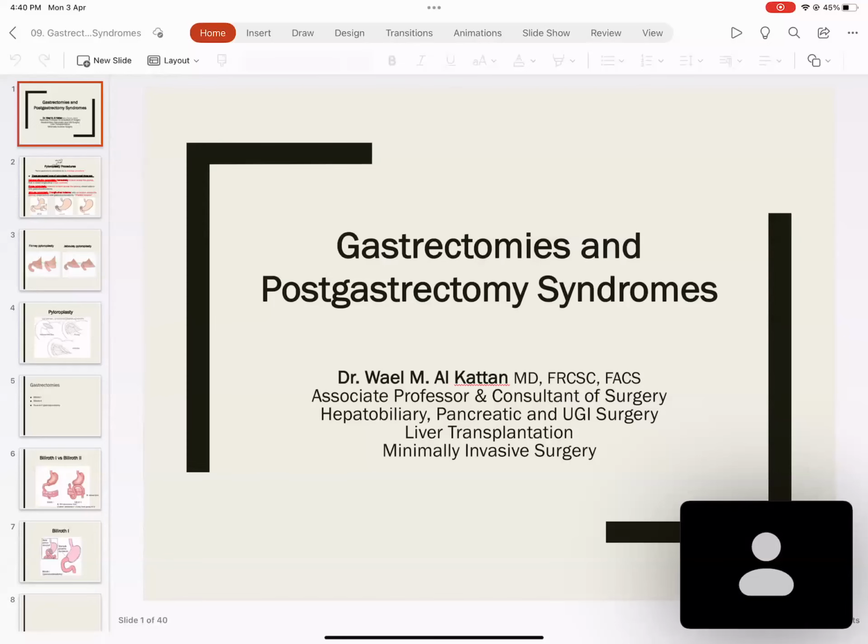Take-home message of the presentation: it can be summarized in 3 to 4 lines. So don't be misled by the amount of slides, because as we said, most of these slides were about anatomy, and the anatomy we can explain in one picture.